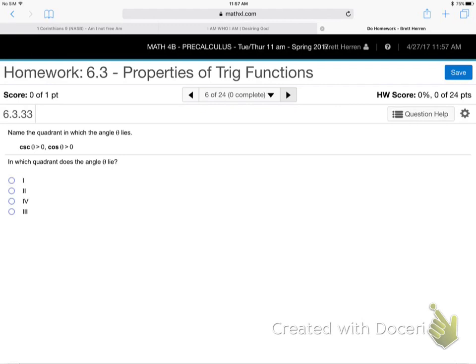All right, try that one. Think about the "All Students Take Calculus." Don't shout it out. Give everybody a chance to figure it out.